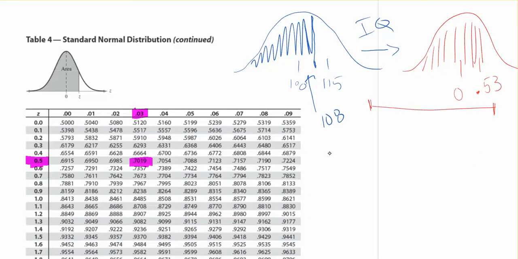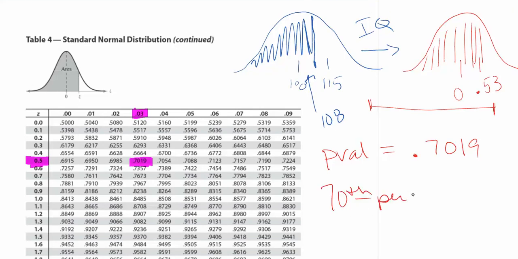So we found, I'm going to start calling it a p-value. We found a p-value of 0.7019. That's also the same as about the 70th percentile. Because, right, percentiles is percentage underneath.